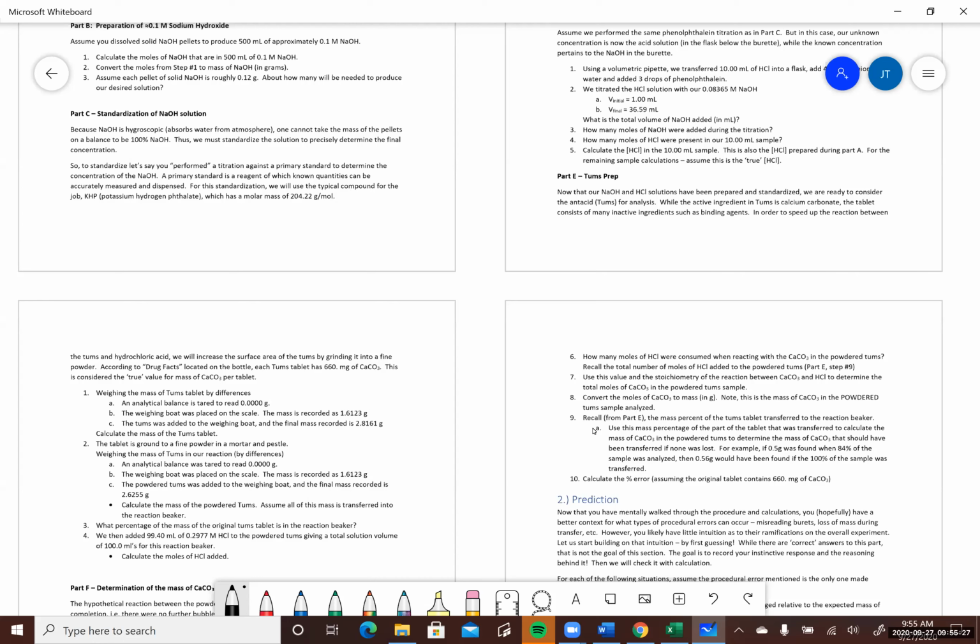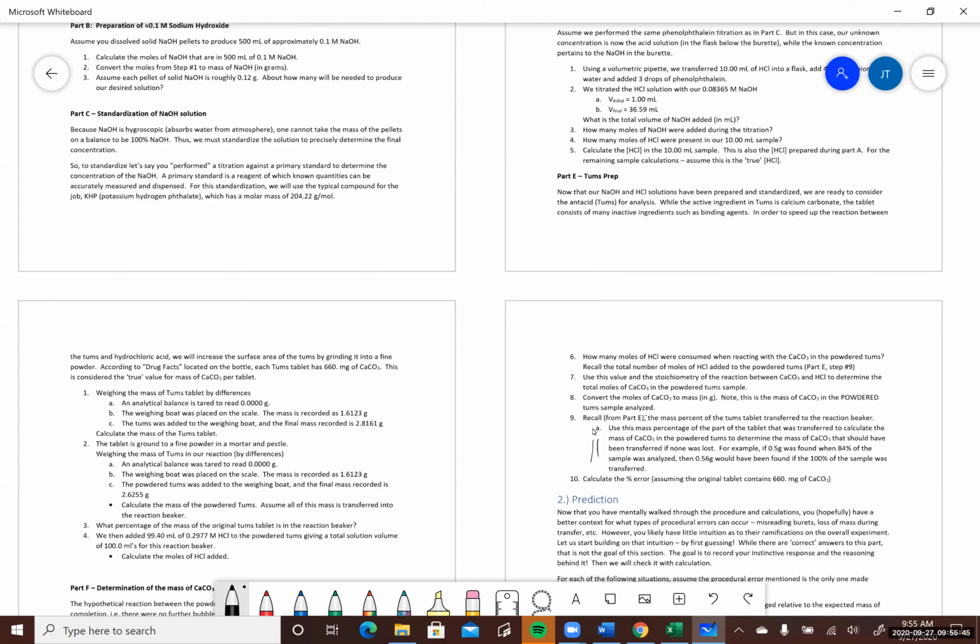So for 9, you're going to have to scale that up and follow those directions here that it says in this outline.